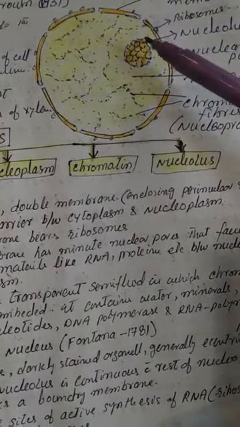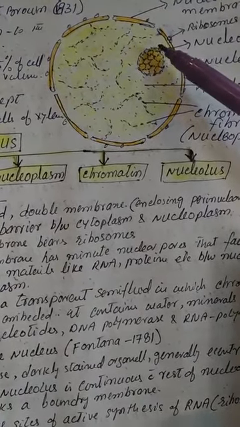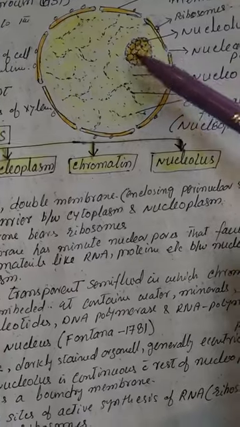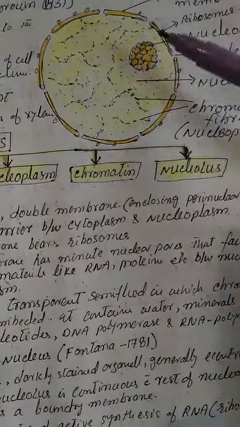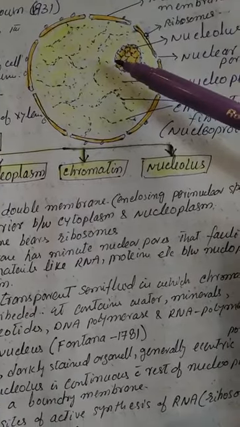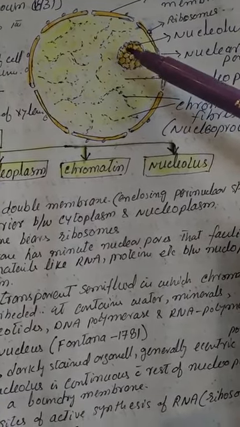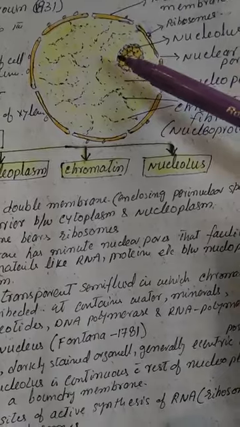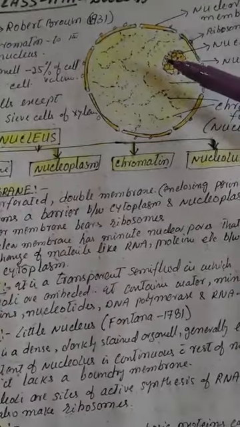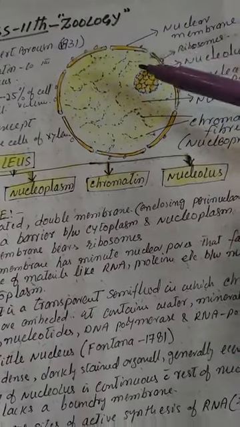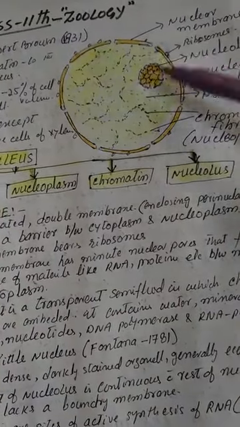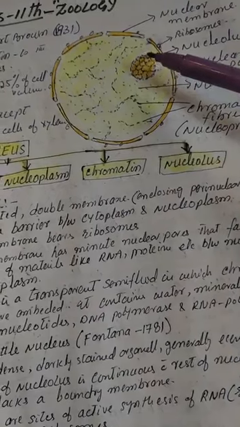Then the third part of this nucleus is what we call the nucleolus. This nucleolus, also known as the little nucleus, was first observed by Fontana in 1781. It is actually a dense, darkly stained organelle, generally eccentric in position.